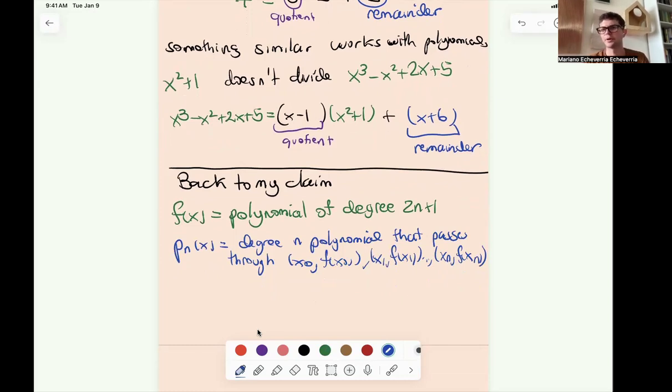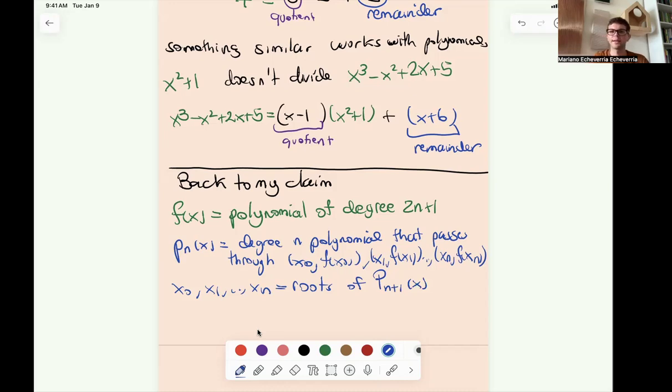And here x0, x1 up to xn were the zeros of the degree n plus 1 Legendre polynomial. So here, x0, x1 up to xn are the roots of the Legendre polynomial Pn plus 1 of x.